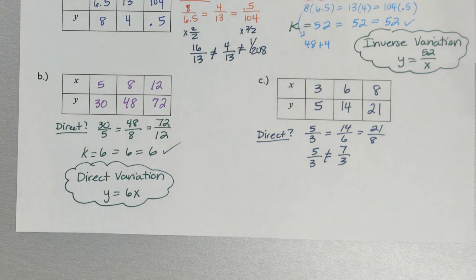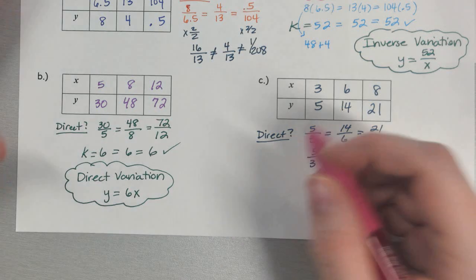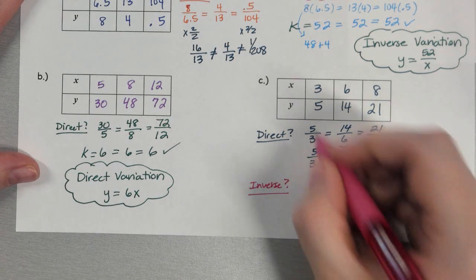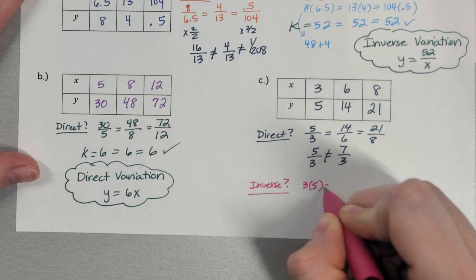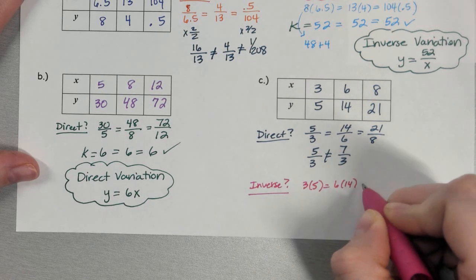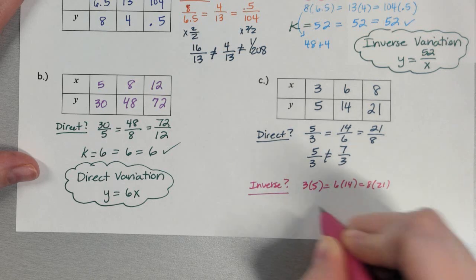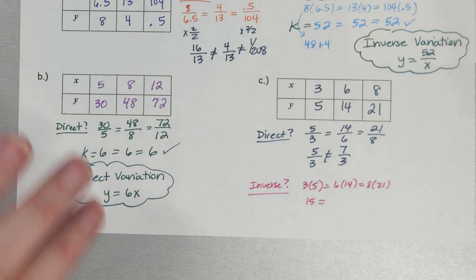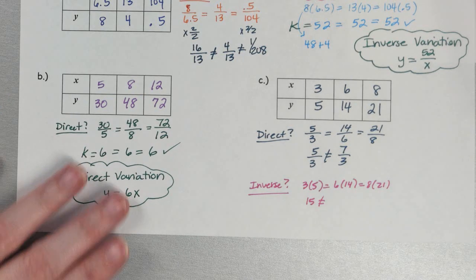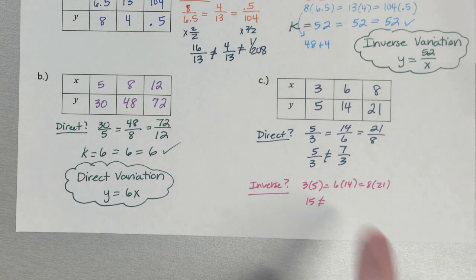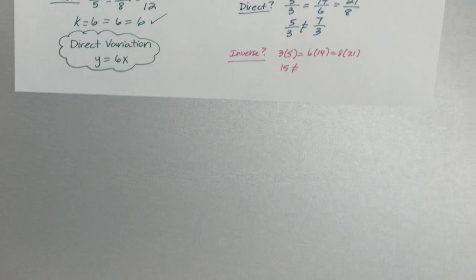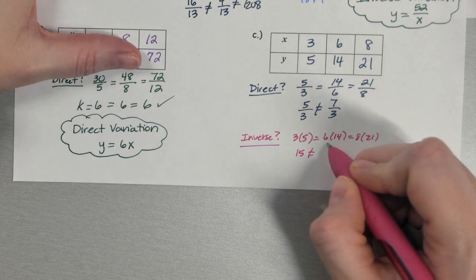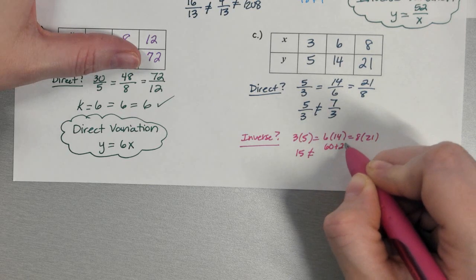So now I'm going to check to see if it is an inverse relation. So then the products would be the same. And we know 3 times 5 is 15. Is 6 times 14 going to be 15? Obviously not, right? Because we could do 6 times 10, which is, what's 6 times 10? 60. 6 times 4 is 24.